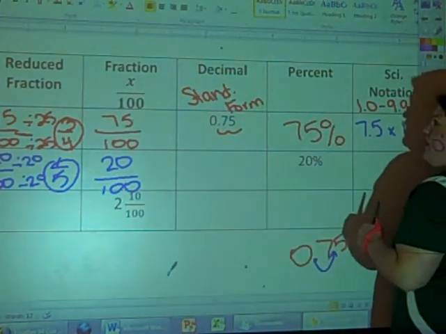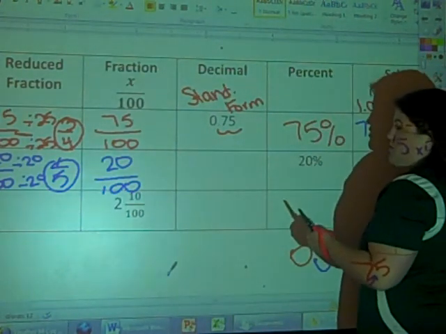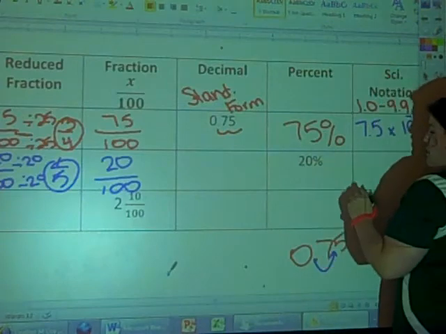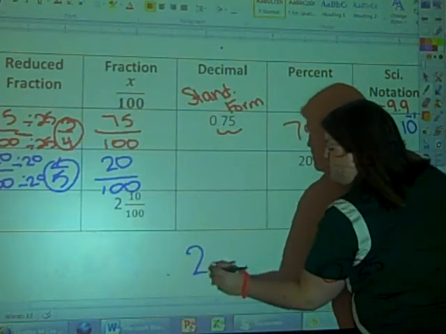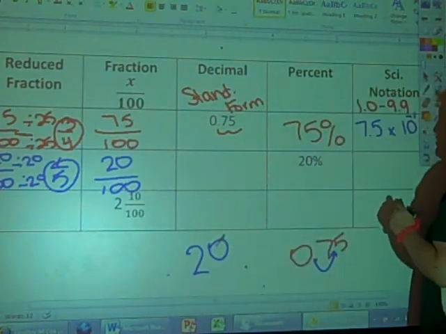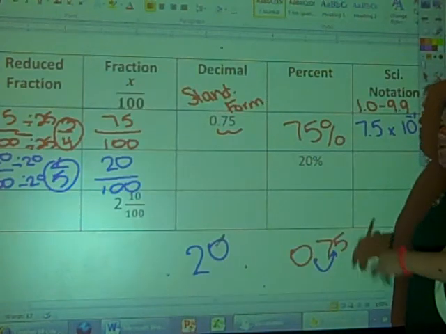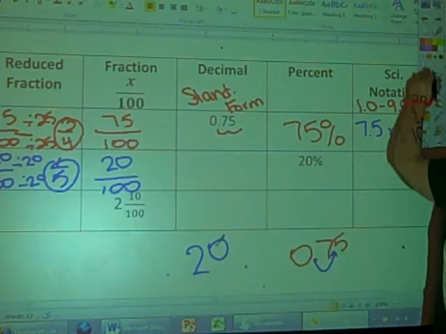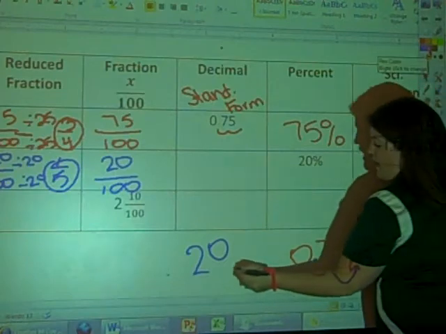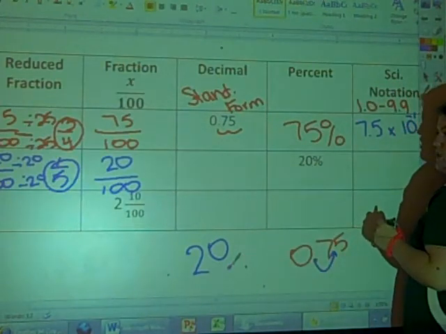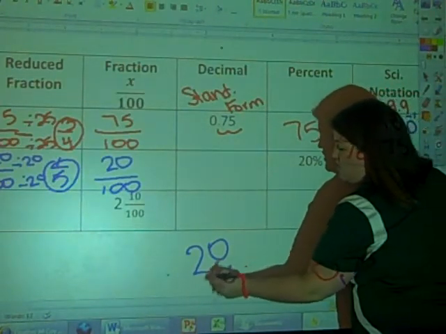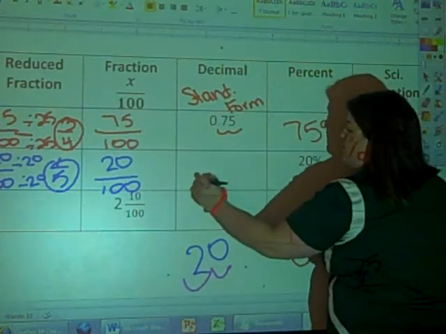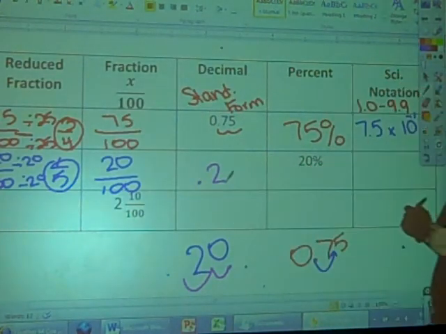Now let's take it as a decimal. We would have 20%, drop the percent sign, move the decimal 2 places to the left. Well, I don't have a decimal. That means I can add it at the very end behind everything, so it doesn't change my number. So I can now move it once, twice, and I have 0.2.